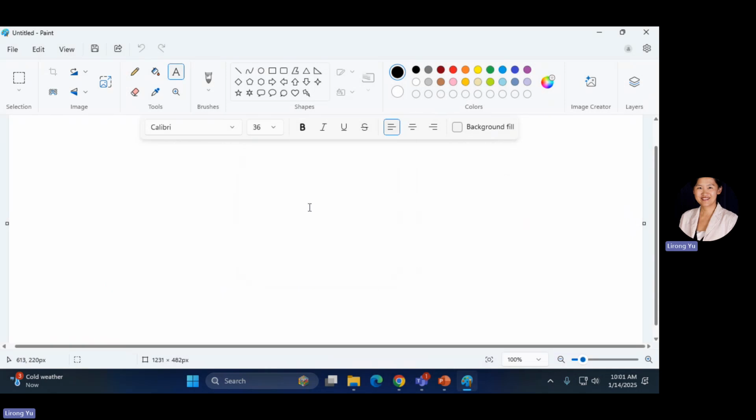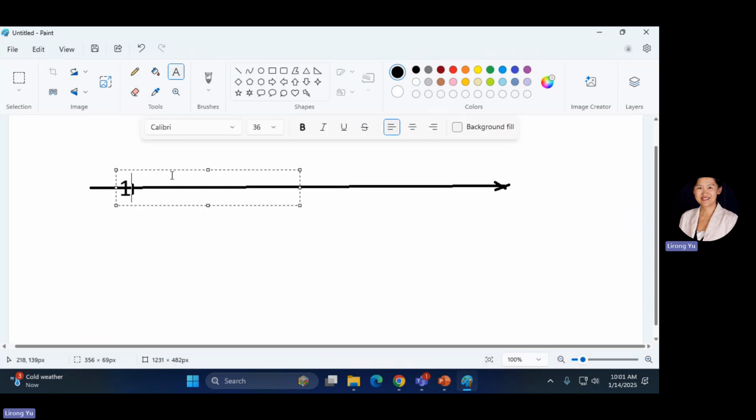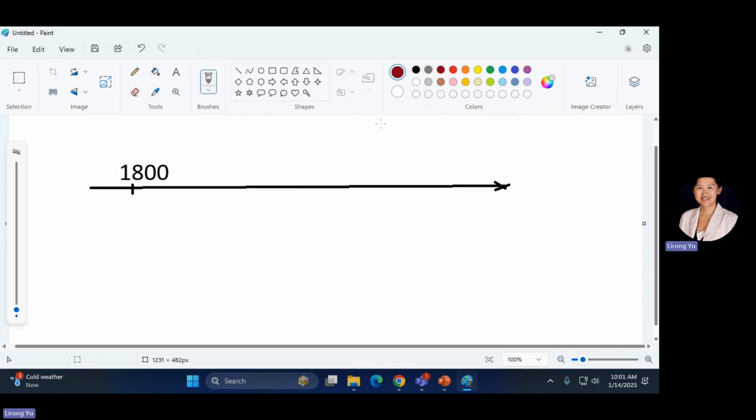So let's see. If we set up the timeline, at time 0 we have an amount of 1,800. And there's a time when we don't know what the time is, so let me just call that T1, when the amount becomes 2,000.